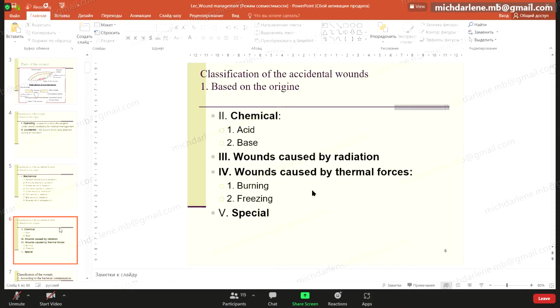Wounds caused by radiation: all of you can check the HBO serial, it's Chernobyl, and you can check how the radiation wounds look there. And wounds caused by thermal forces: burning, freezing, or frostbite. Don't forget that if we have a high temperature cause, and after that a low one, we have frostbite.